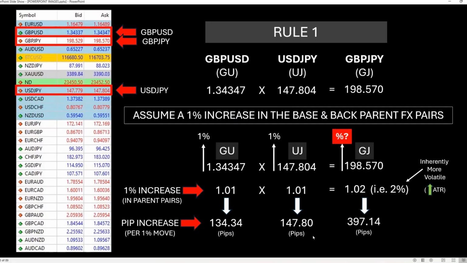And for the cross pair, a 2% move to the upside or downside, it doesn't matter, will involve roughly 397.14 pips. So this is pips per 1% move. For every 1% move, this is the number of pips involved in both the parent pairs and the cross pair, based on the current exchange rate.